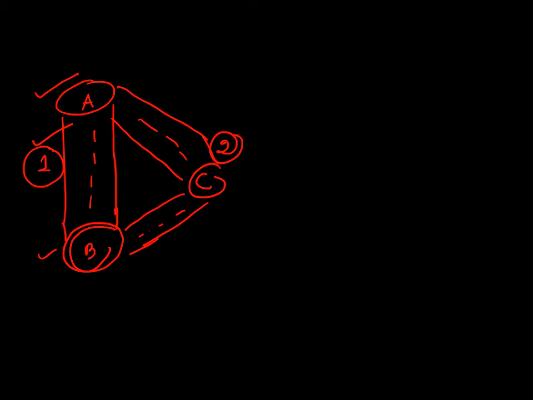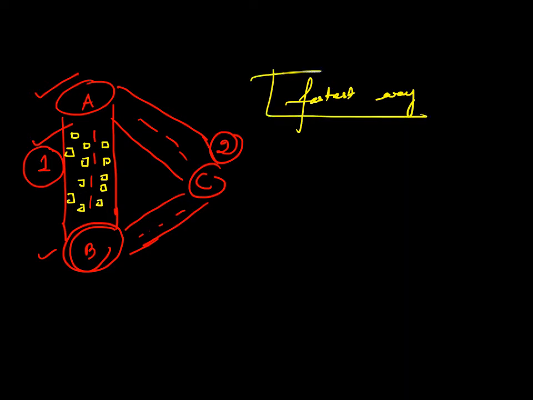But what if this road has a lot of traffic someday? There is a lot of traffic on road number 1, path number 1. Then which one should be the fastest way? Which one is the fastest way between road number 1 and road number 2?